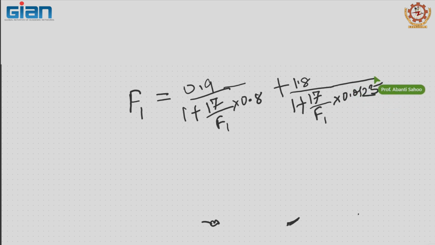All right. So, we can find the value of F1 by trial and error, because we have three terms all containing F1. So, just by trial and error we can find out. F1 is coming 1.7 kg per minute.